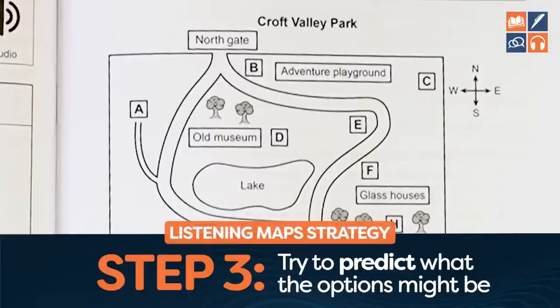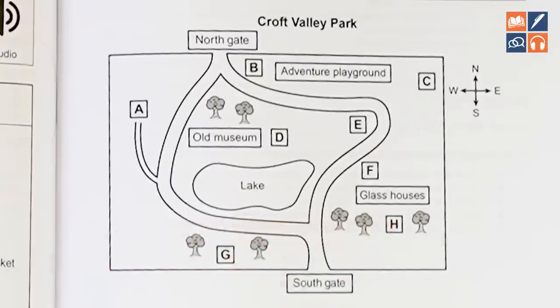Next, look at the different options and think about what these might be. What might they say about these things? So let's start at the South Gate. G, there are trees, so they might say the woods in the south, or South Woods, or forest beside the South Gate. That might be those things.